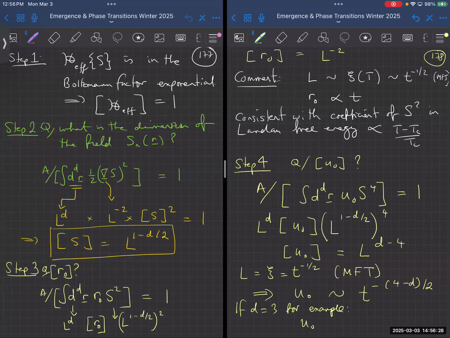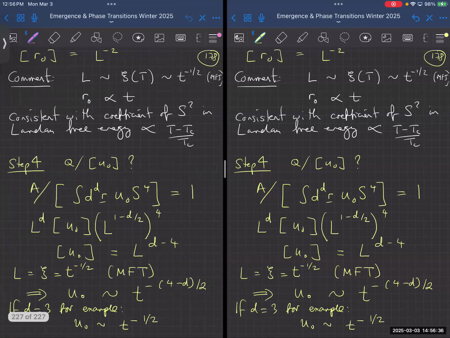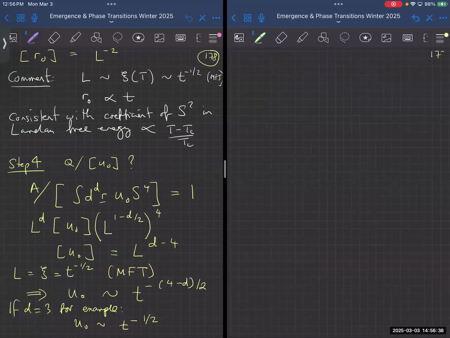And that says that u naught scales like T to the minus (4 minus 3 is 1) over 2. And so what that means is that when I take the limit as T goes to 0, u naught actually goes to infinity.